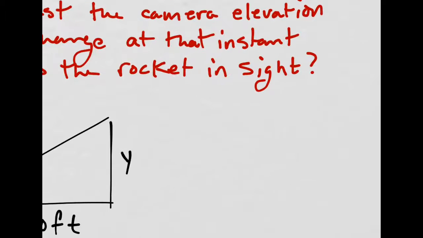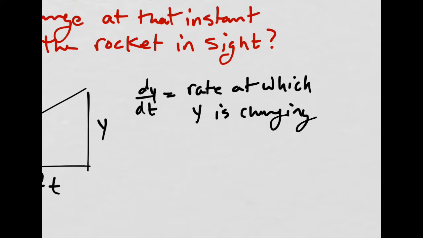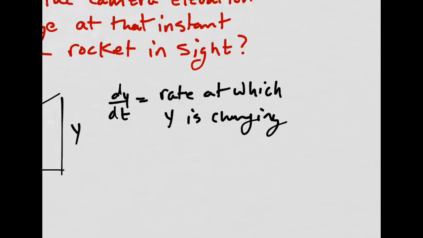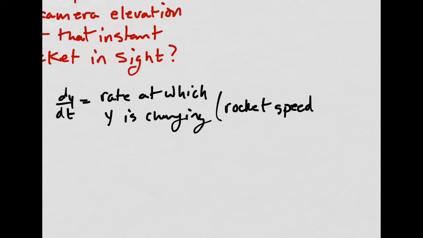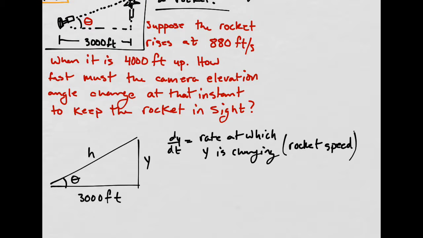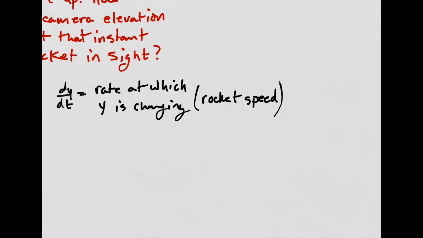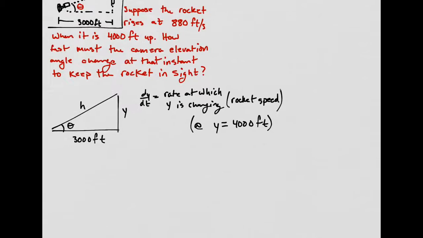So I'll say dy/dt. dy/dt is the rate at which y is changing, and it's also the rocket speed. But it's not the rocket speed all the time, because it could be accelerating. It's just the rocket speed when it's 4,000 feet up in the air. So this is actually at y equals 4,000 feet. That's just something to note. And so that's the rocket speed.